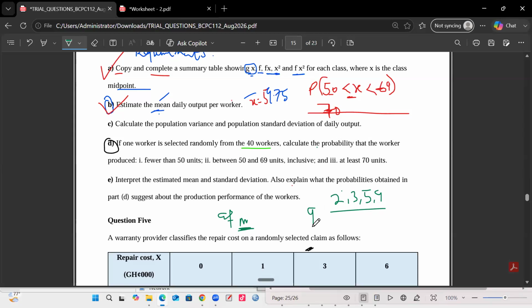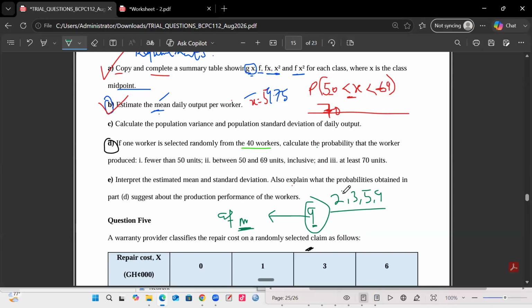So 9 should be the biggest, and all the figures will be below 9. So I can start from negative 1,000, negative 800, negative 500, negative 1, 0, 1, 2, 3, 4, 5, 6, 7, 8, 9. 9 should be my last stop. I cannot go beyond 9 because it said at most 9. So it means 9 and all the figures below 9.